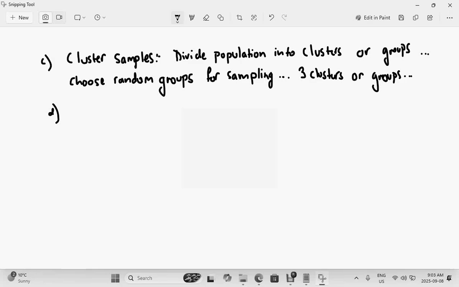All right, so the next one is systematic. When it comes to systematic, you basically figure out the total number of people that you want to survey or sample, and then you choose a certain number, let's say every 58th customer, or every 10th customer, or every 20th customer.